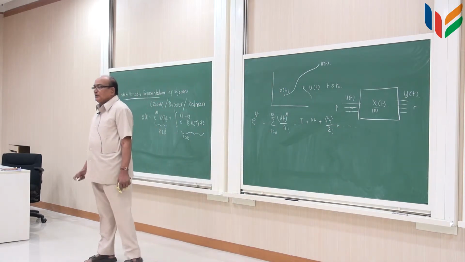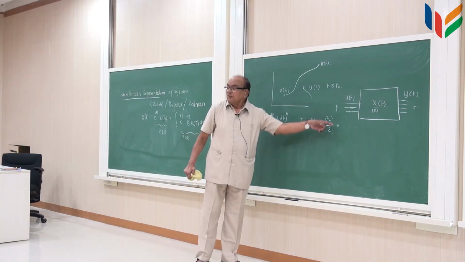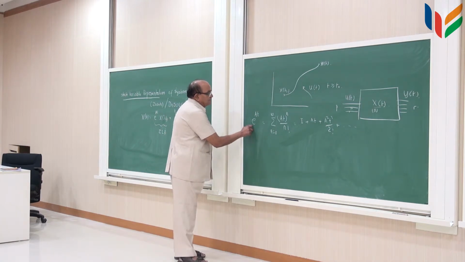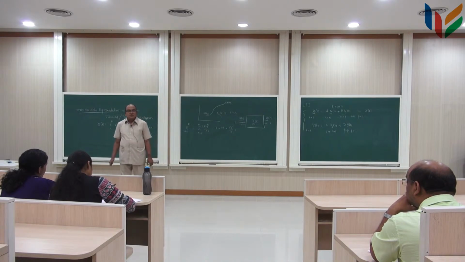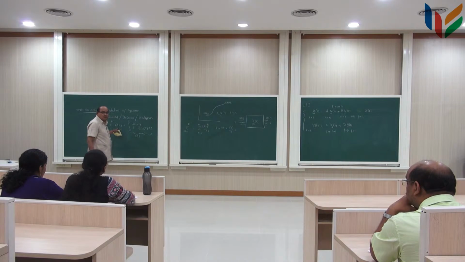And this is a matrix obviously, everything is a matrix here, and this is an n by n matrix. And this multiplied by x 0, which is an n by 1 matrix, will give you the response due to initial conditions in this state, and this gives you the response due to this.